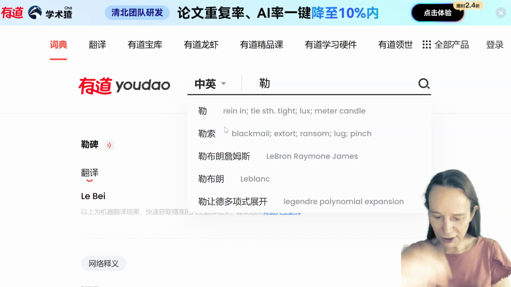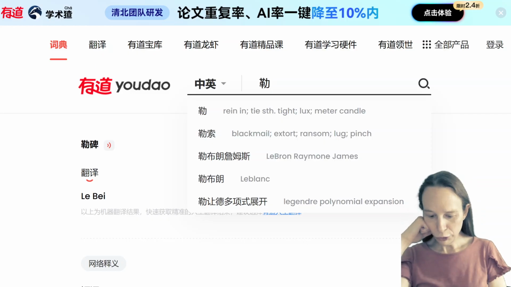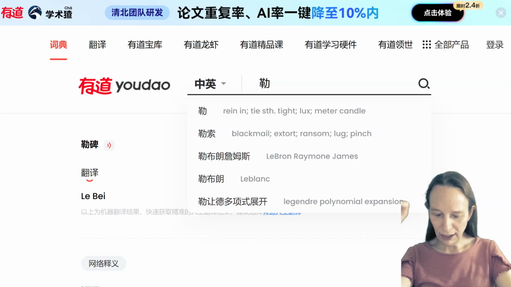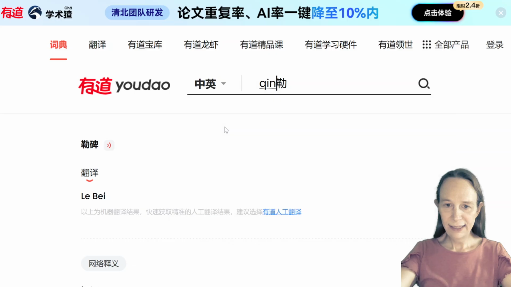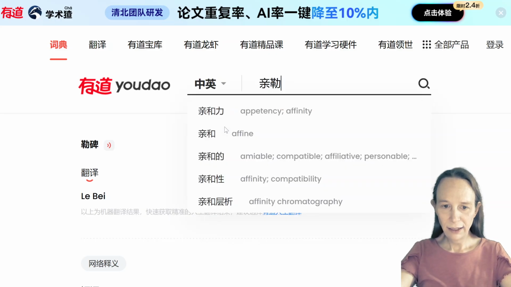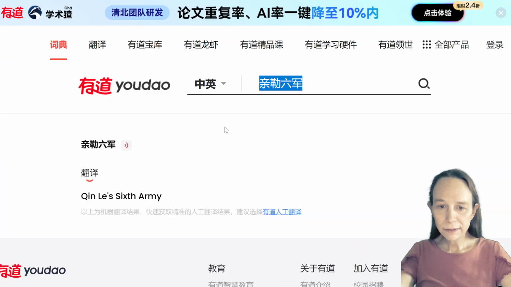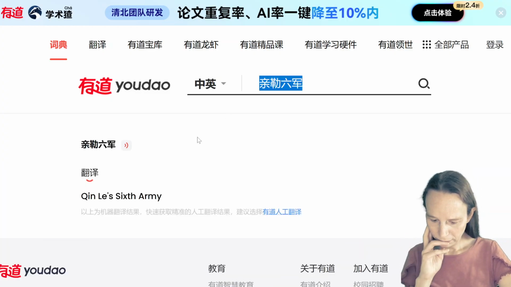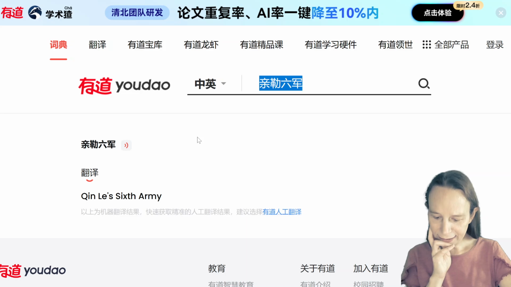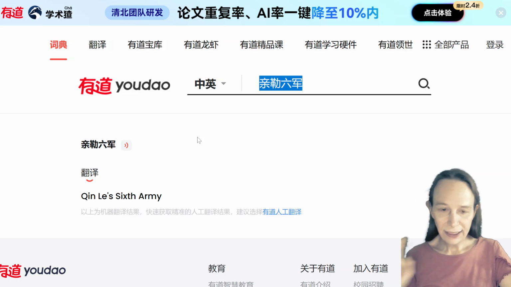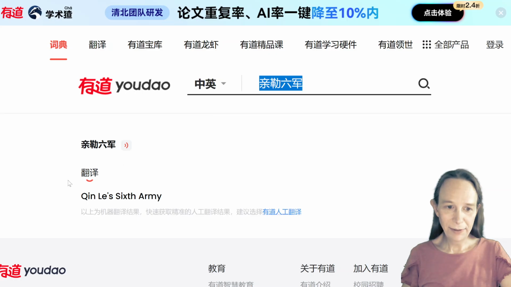Okay, number 5, also 书面语, 同帅约束. Okay, so 亲乐六军. That's what it says. I don't know what it means. It does look like a name, doesn't it?